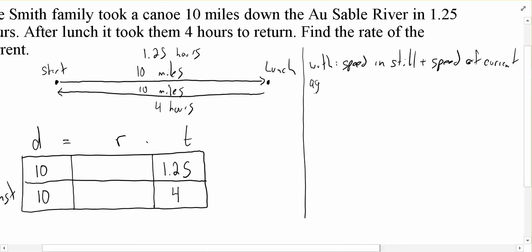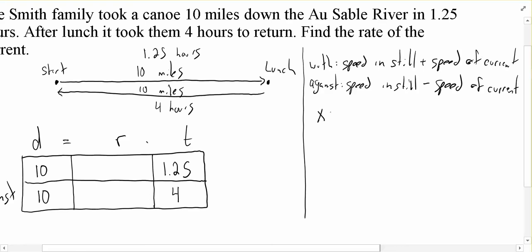And when you're going against the current, you take your speed in still water minus the speed of the current. Please write this out in words. It's really going to help you understand what's going on in your problem and not just throwing variables in there.